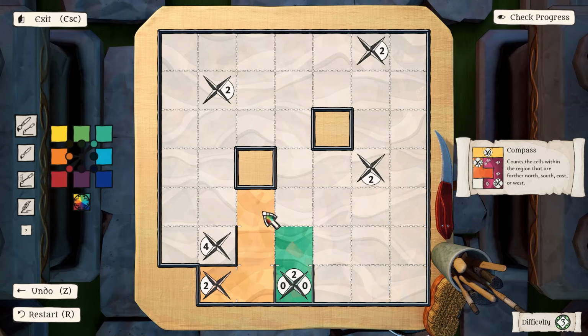It is interesting indeed. Do you go here straight away or not straight away? Can I actually determine that yet? Well, to be honest, if this one comes to here, then there's no way this 4 is getting its 2. Yeah.